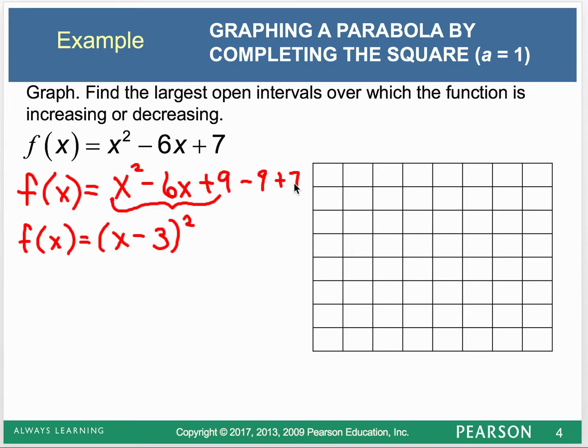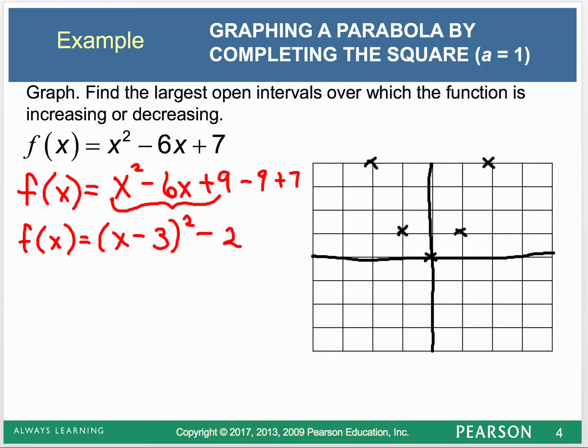And now these I can combine, and voila, we've put it in a form where we could actually graph this thing, right? So I know that my basic points are negative 2 squared is 4, negative 1 squared, 0 squared, 1 squared, 2 squared. Just get them that quick.